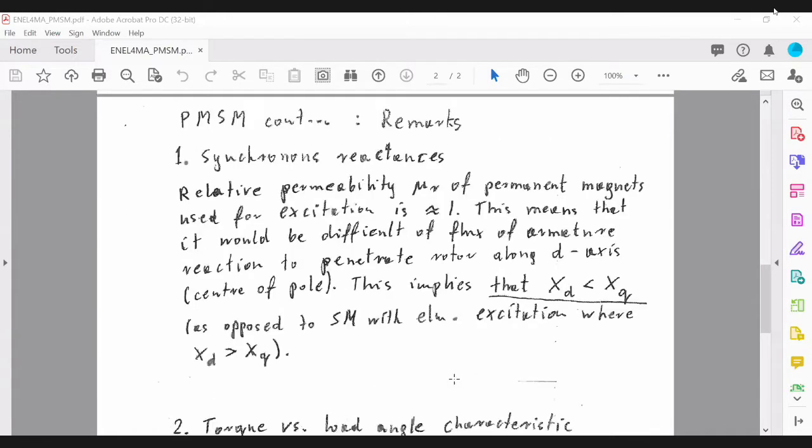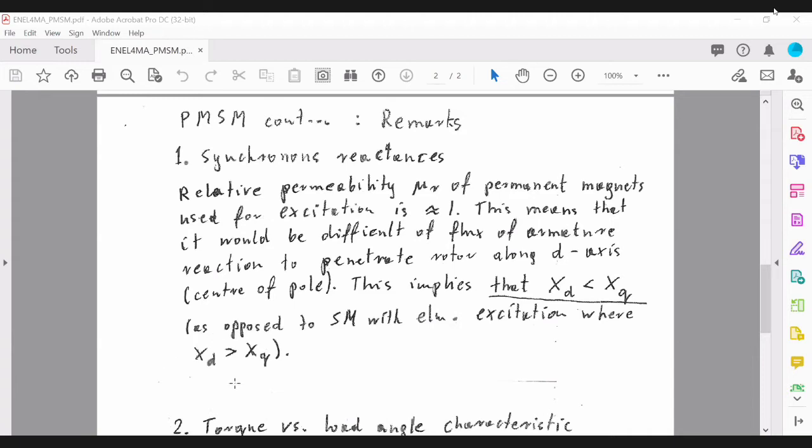So now, if you look at your magnetic circuit theory, if you remember, the relative permeability of the permanent magnets used for excitation is almost 1 for these kinds of machines, which means that it would be difficult for the flux of the armature reaction to penetrate the rotor along the d-axis, which is the center of the pole for the salient pole machine.